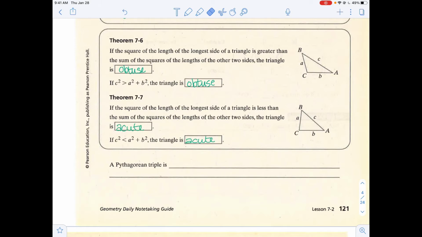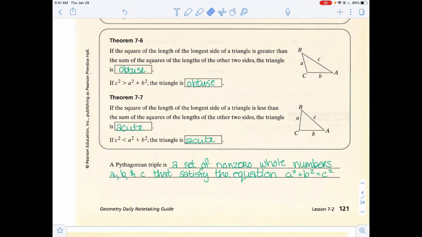Theorem 7.7 says that if the square of the length of the longest side of the triangle is less than the sum of the squares of the lengths of the other two sides, the triangle is acute. That makes that angle smaller than 90.